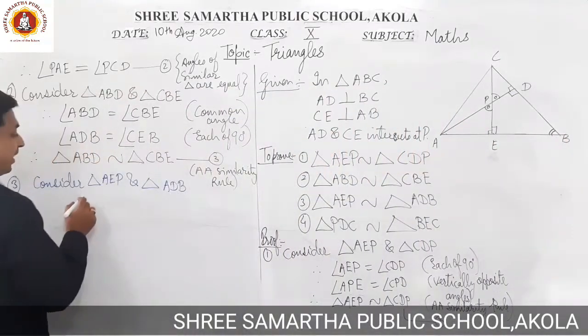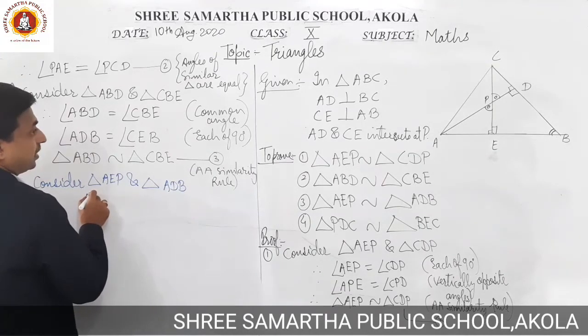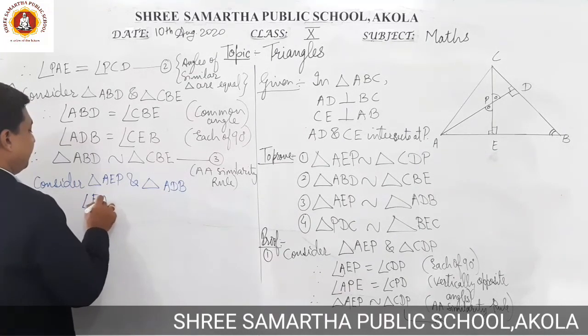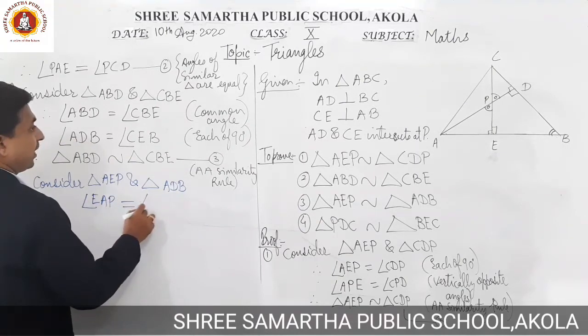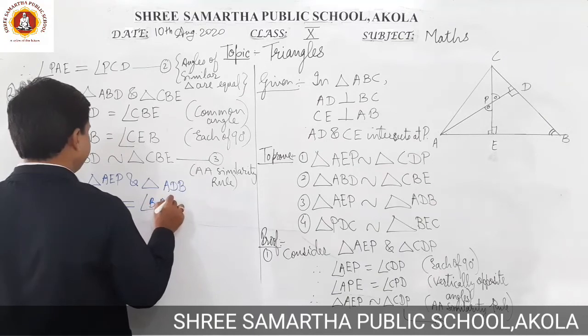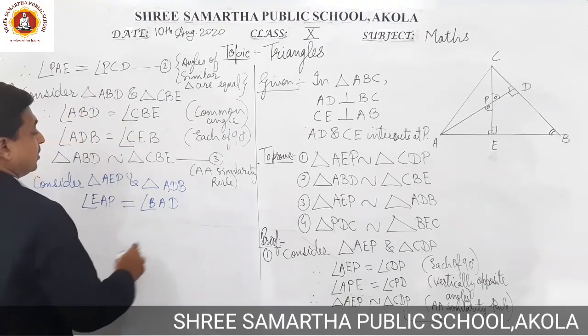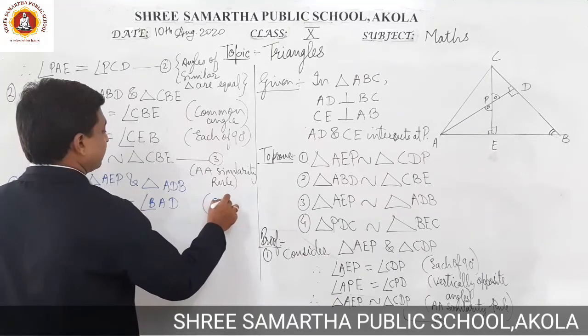Now in both, angle A is common, therefore angle EAP is equal to angle BAD, common angle.